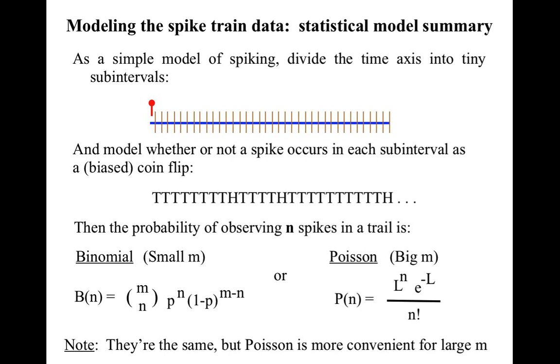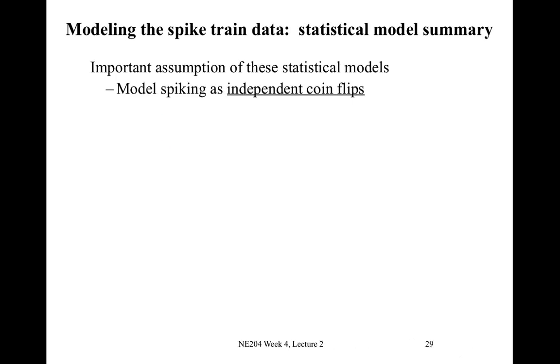And the thing to note is that the binomial and Poisson distributions are the same in this case, but the Poisson distribution is more useful when we have a large M. So we may avoid computing things like M factorial in the binomial distribution, which might mess things up when M is very large. Instead, we can use the Poisson distribution. But they come from the same place. So those are the two distributions we eventually got to.